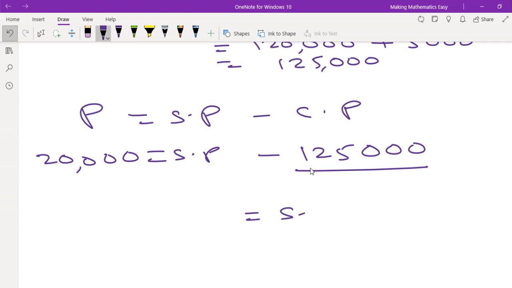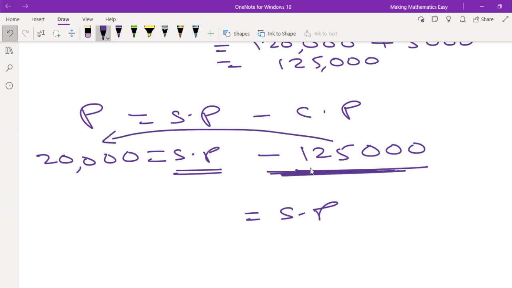As we saw in the last sum, the variable we need to find, let's keep that on one side of the equation and move all the numbers to the other side. The number along with selling price is 1,25,000, which is cost price. I don't want this number to be along with selling price, so I will send this number to the other side.